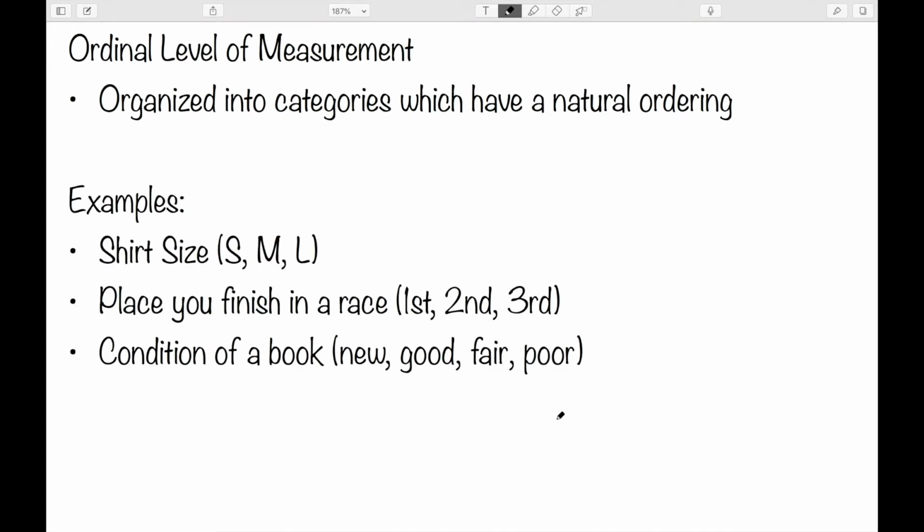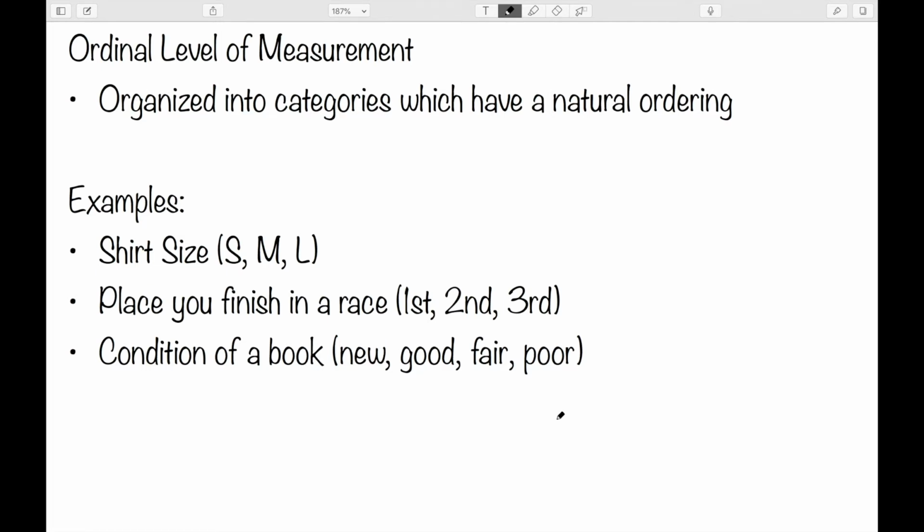Examples may include shirt size, such as small, medium, large, extra large, etc. The place you may finish in a race, like first, second, third, etc. Or the condition of a used book that you're buying, either new, good, fair, or poor. So we would still organize our information into categories, but we do see these natural orderings arise in our categories.